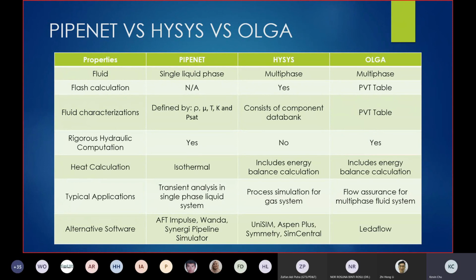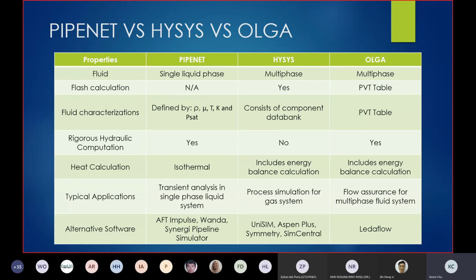In terms of fluid, the first row here: Pipenet can only be used for a single liquid phase, while HYSYS and Olga can be used for multi-phase systems. Pipenet does not have flash calculations, whereas HYSYS and Olga do. For Olga, the flash calculation is based on a PVT table.